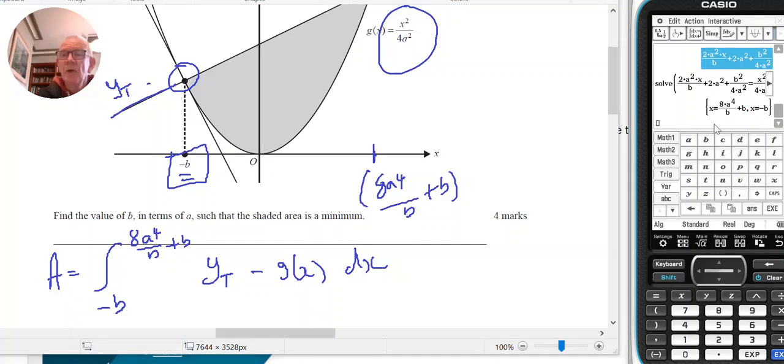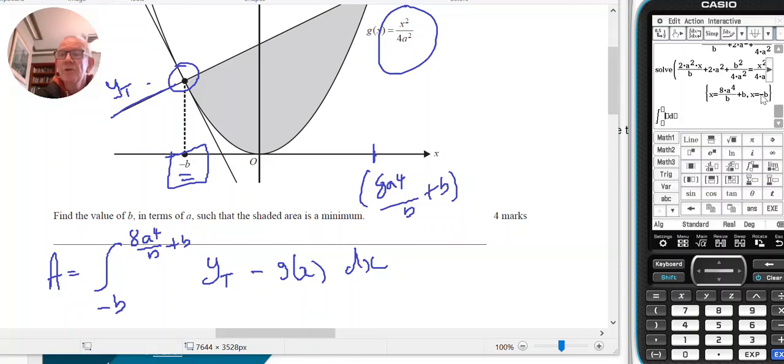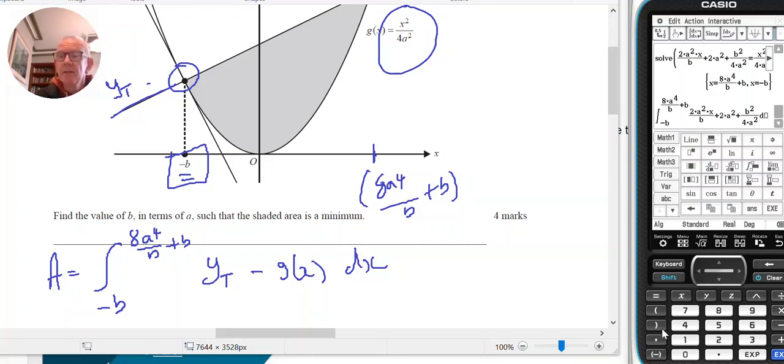Okay, so I will open up my integral. My lower terminal is minus b, my upper terminal is this in terms of a and b, my top curve is this straight line, so I'll copy it and paste it there, and then I'm going to minus from all of that the bottom curve, which is my parabola, this, that there, and all of that with respect to x.